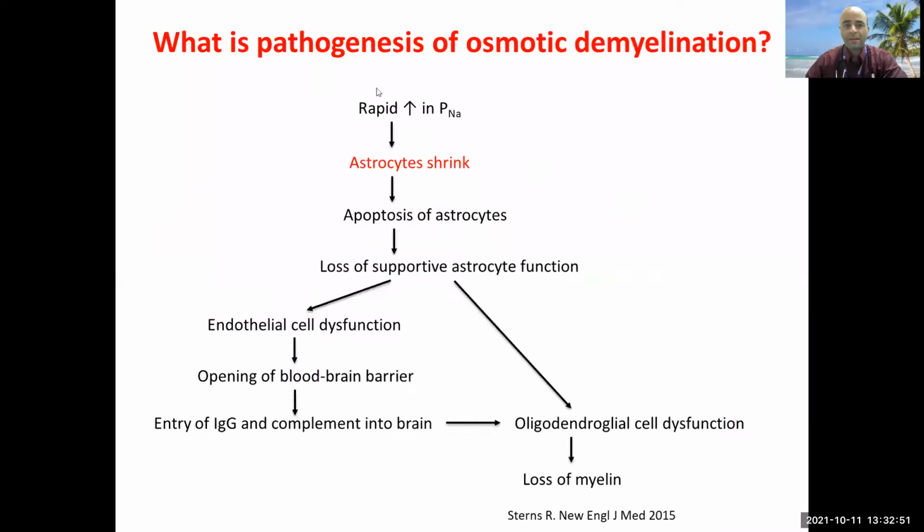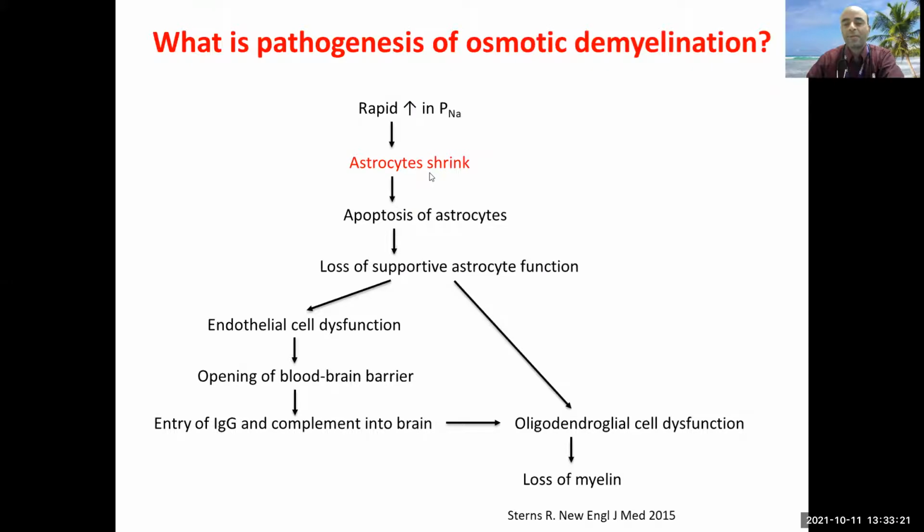I summarize here the pathogenesis of osmotic demyelination. A rapid increase of your serum sodium leads to astrocyte shrinkage. If you correct your sodium rapidly, intravascular sodium will be high and the brain will be hypotonic, and the water will be withdrawn from inside the brain to intravascular and lead to astrocyte shrinkage.